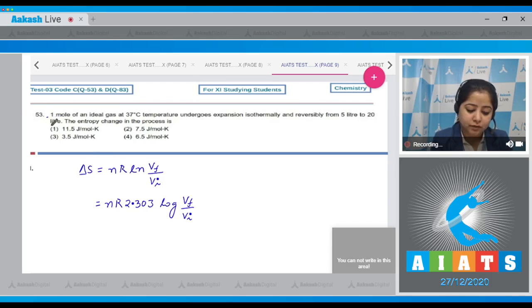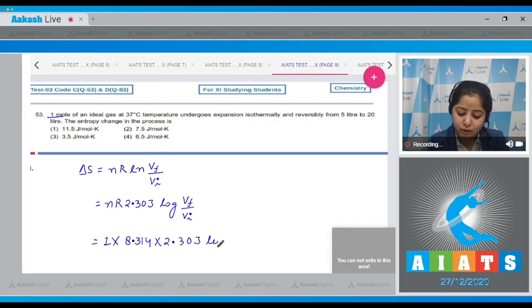Here we are given 1 mole, that means the value of N is 1. The value of R will be 8.314 since we have to answer in joule. So multiplied by 2.303 log, V final is 20 liters and V initial is 5. So 20 upon 5. Student, you need to multiply all this and divide, whatever the value is.